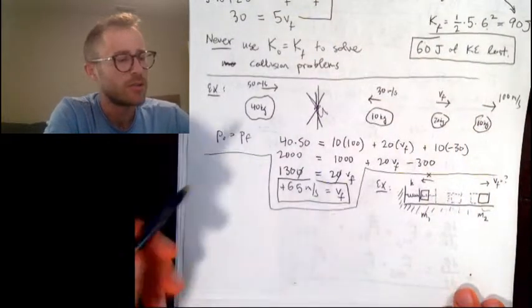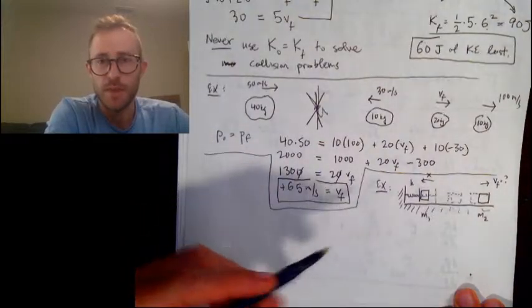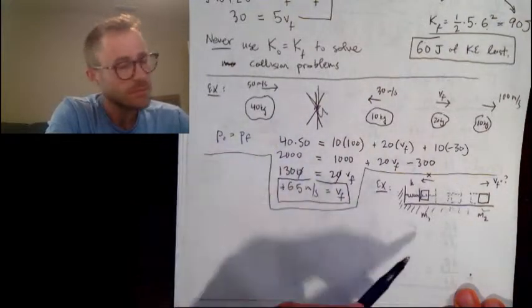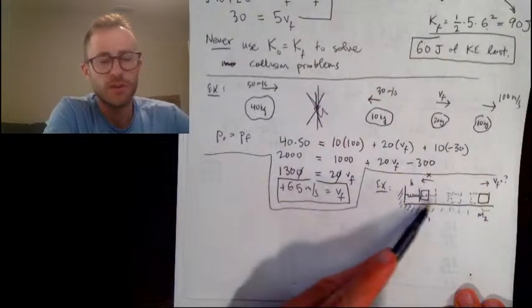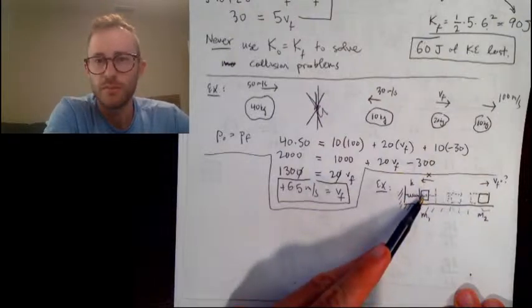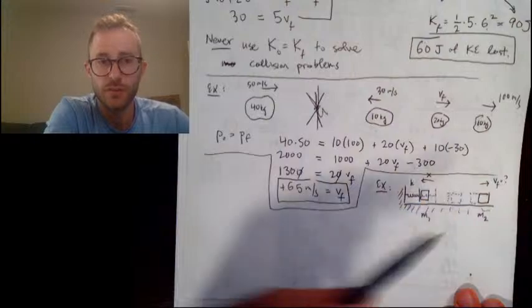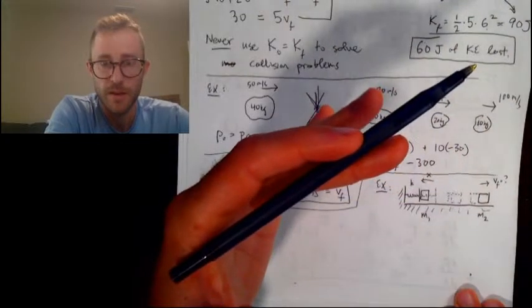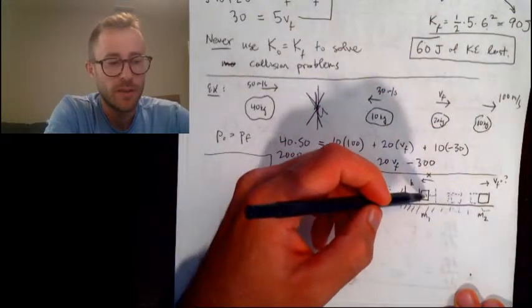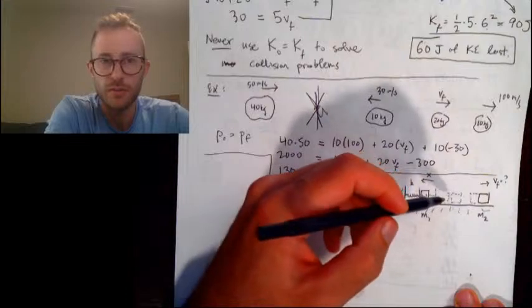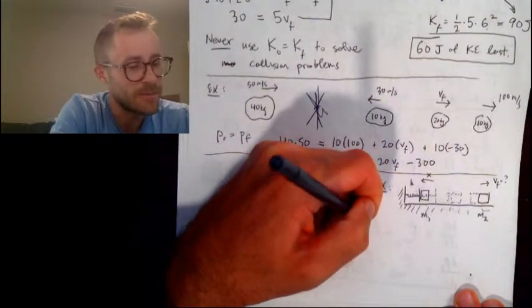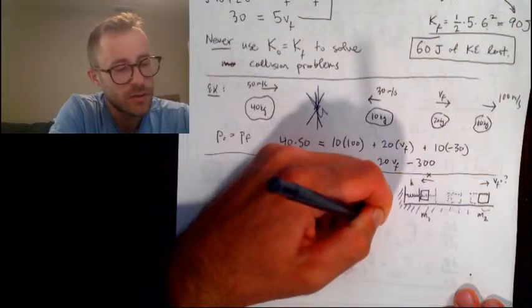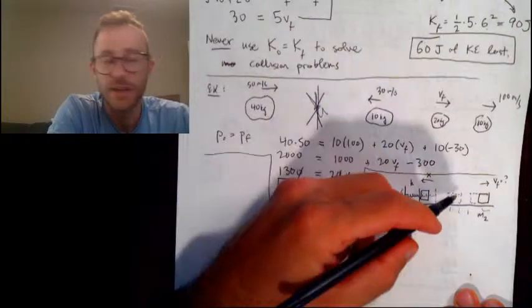Okay, so we have to do 2 things here. The first thing is we have to figure out what is the launch speed of this mass 1. And so for that, we're going to use energy. But then the mass leaves contact with the spring, and then it becomes a momentum problem.